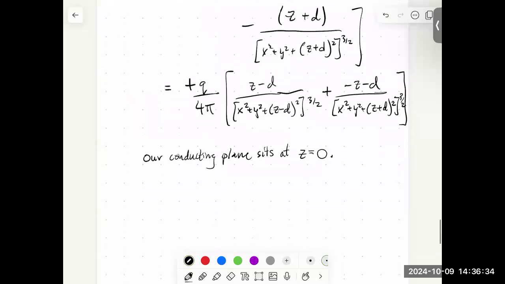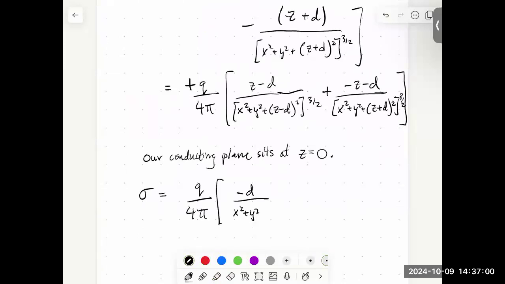So that means our charge density is going to be, well, now I can do minus q over 4. Well, let's not get ahead of ourselves. When I get ahead of myself, I make mistakes. So we have minus d over x squared plus y squared. And now we're going to have z equals 0.